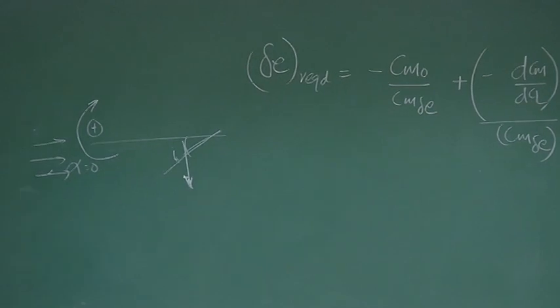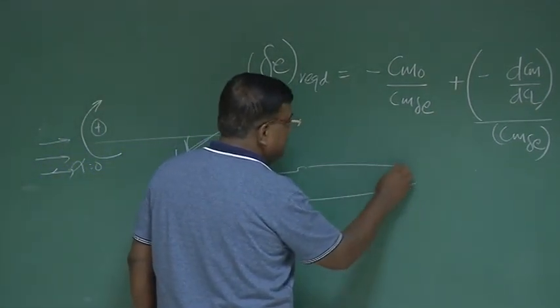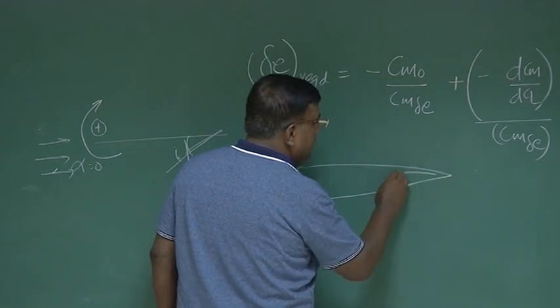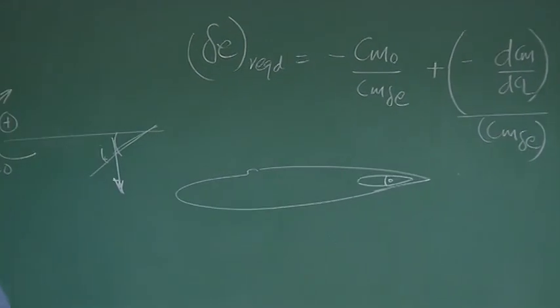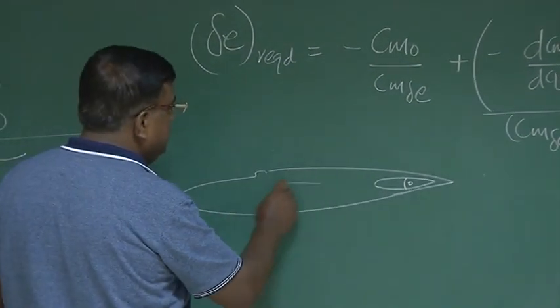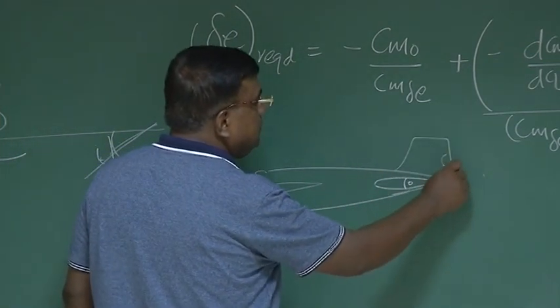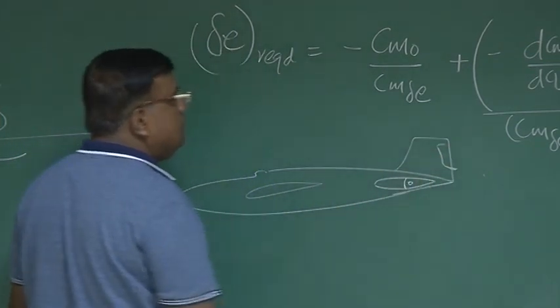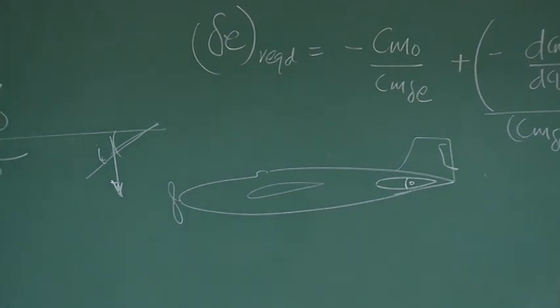Try to physically understand this. Suppose this is the airplane, and this is the horizontal tail and this is the elevator. Let's say there are wings, whatever it is. What is delta E? Delta E is the elevator deflection.